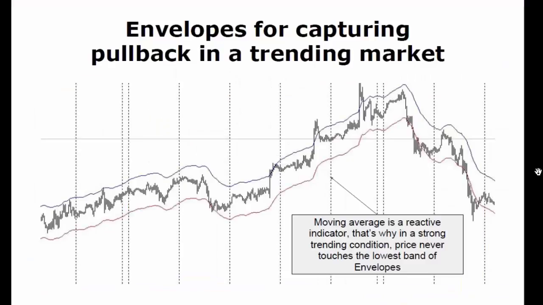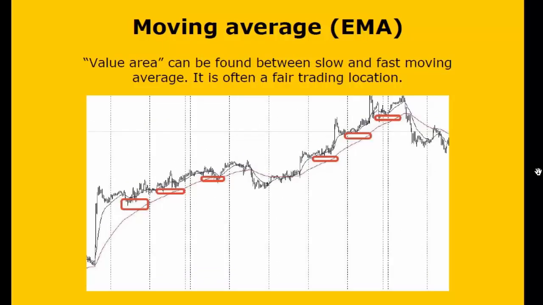Okay, let's talk about moving average. Many traders use moving averages, but I don't feel that they use them in a correct way. Let's again remember that in trading we want to know not only where the price is, but also where the value is.